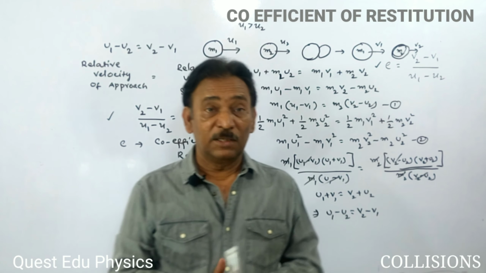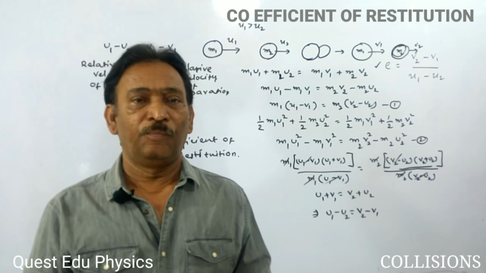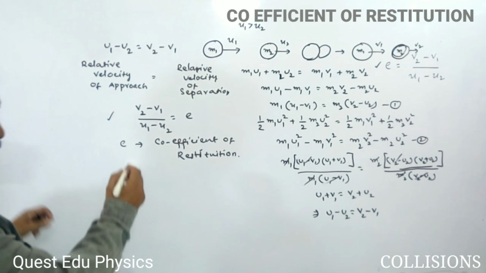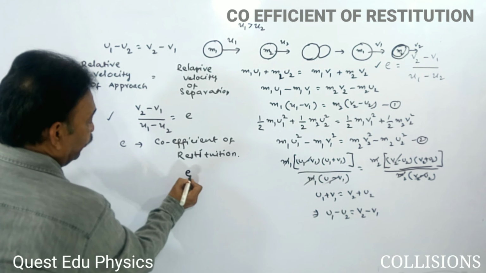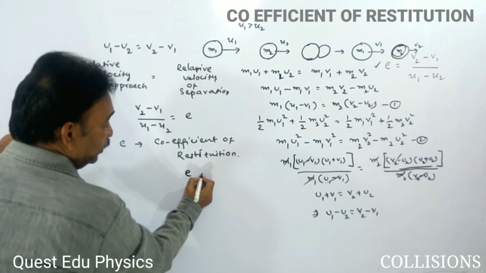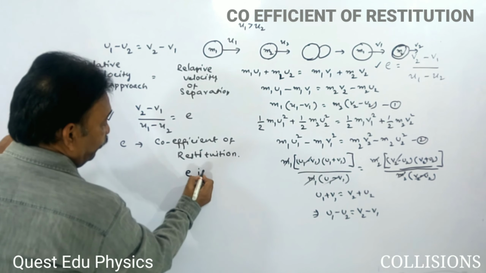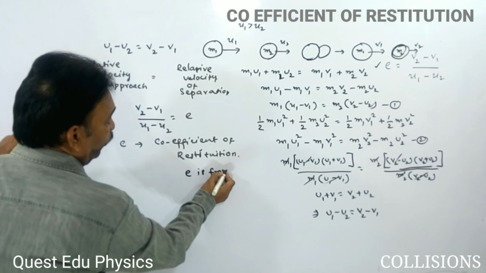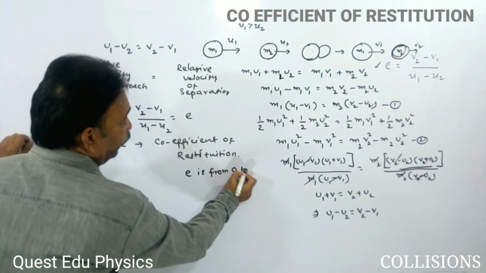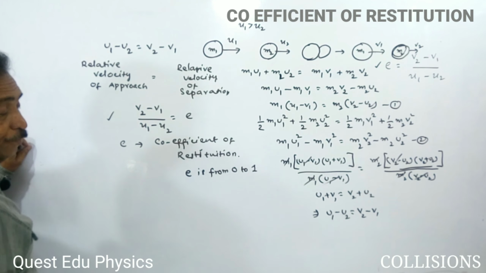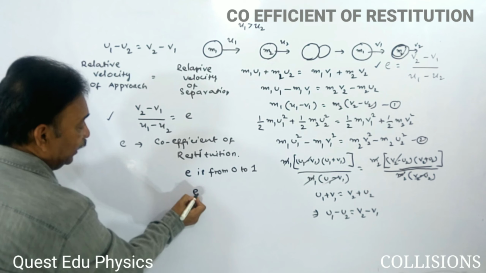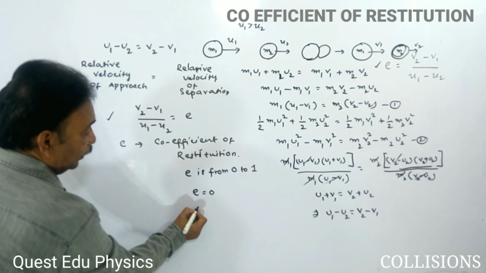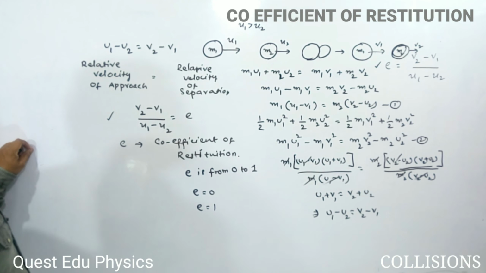Generally, the value of E lies from 0 to 1. The minimum value of E is 0 and the maximum value is 1.